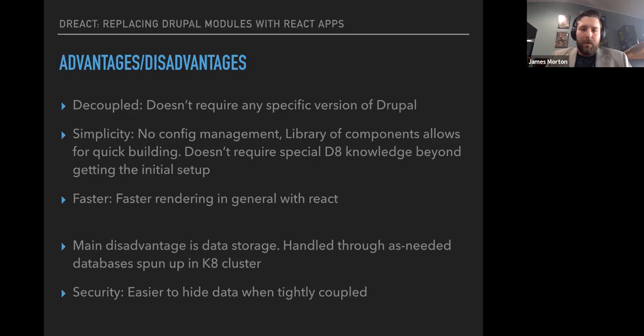They are simple. We have the library of components. There's no config management. I don't know if any of you Drupal experts who are working with Drupal 8 have had some issues with configuration management, but I have spent a long time dealing with configuration split and trying to get configuration split to work properly with individual profiles.